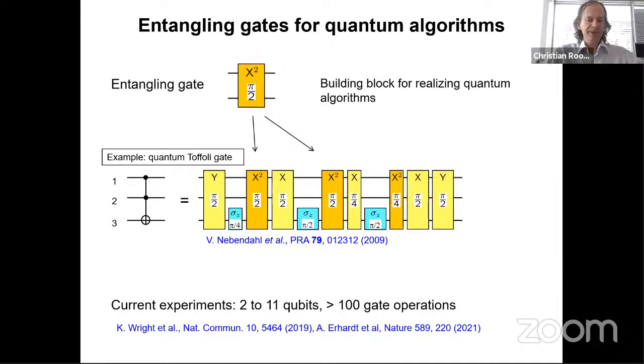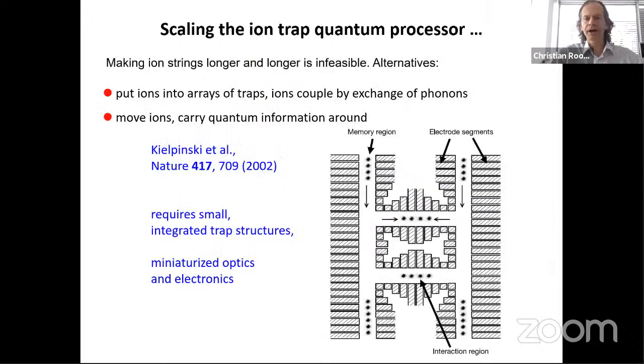In current experiments, with maybe up to 11 qubits, people have demonstrated that you can concatenate maybe 100 gate operations and have even hundreds of pulses in order to transfer the ions into different states. But clearly, this approach might work if you have 10 or maybe 20 quantum bits, but then you have to think about what you can do if you want more ions.